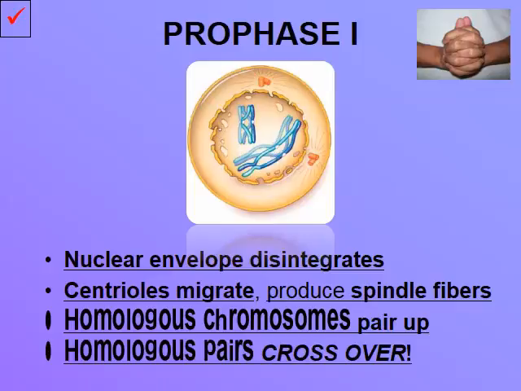And what happens here is the homologous pairs cross over. So as you can see, we don't have one copy now. We have two copies of our homologous chromosomes. We have a copy here, and we have a copy here. Now what they do is go through something called crossing over. The crossing over we'll talk about on the next slide.